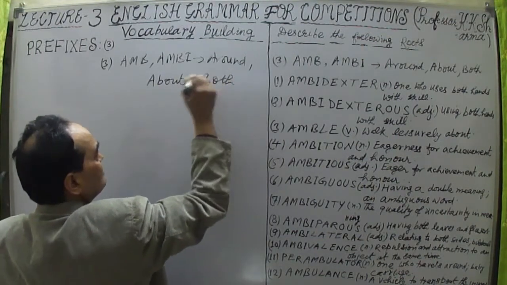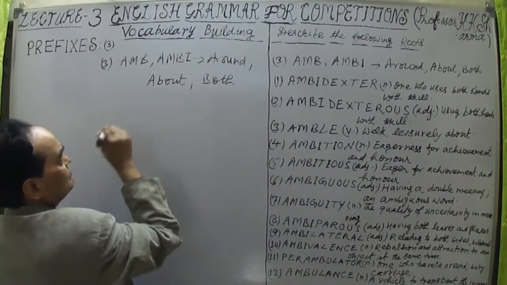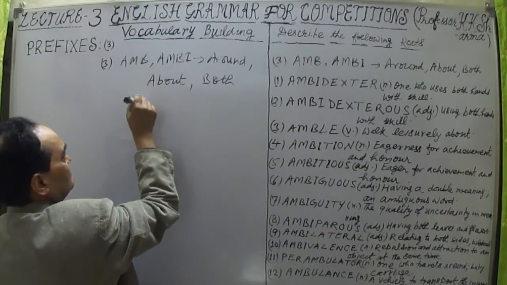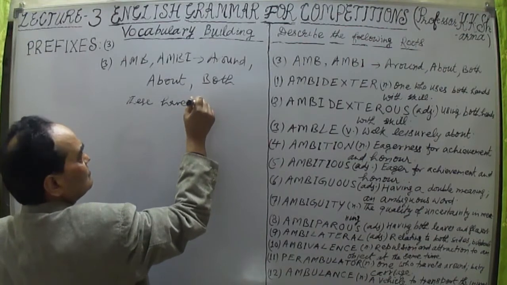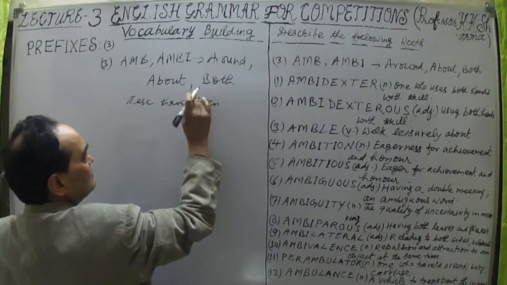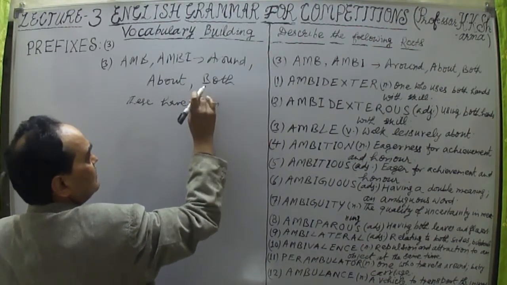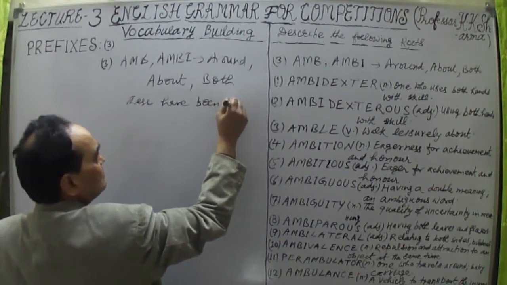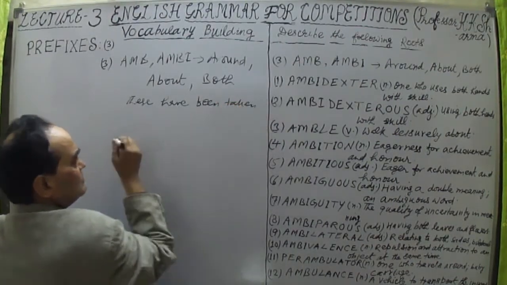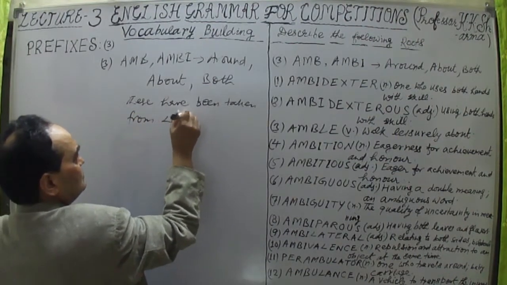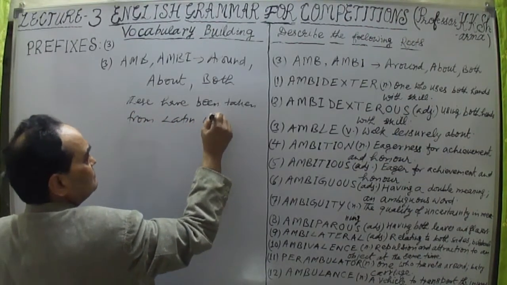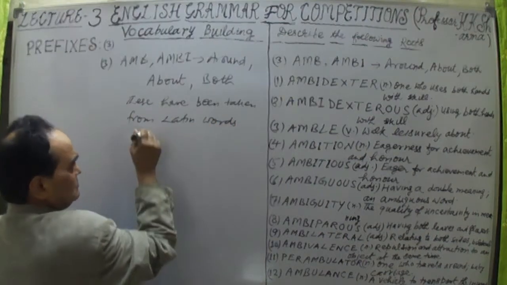The three meanings, both, around, and about, have been taken from Latin words. Which are the Latin words?